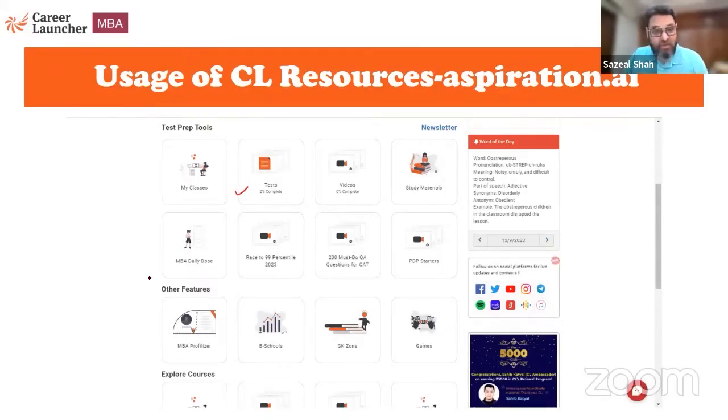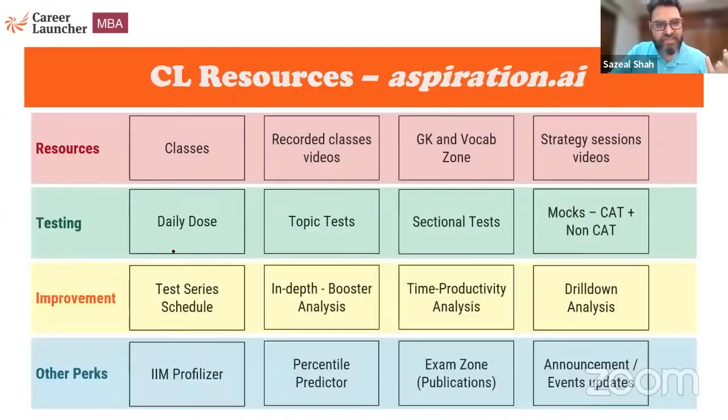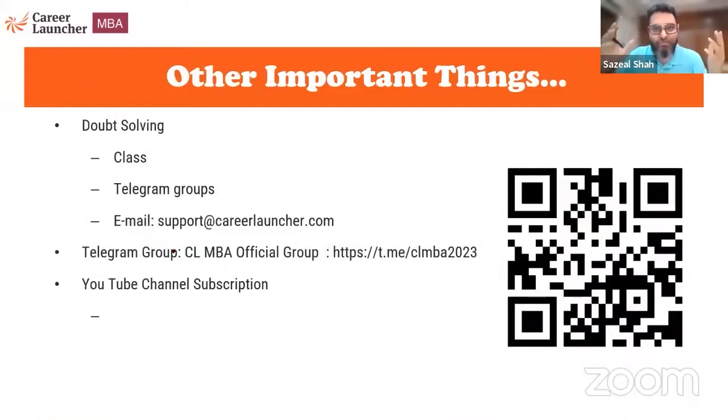There's the daily dose, you can see it right here. I've listed those resources here. Whether it is resources, testing, improvement, other perks, whatever you want is there. If you seek it, you shall find it.